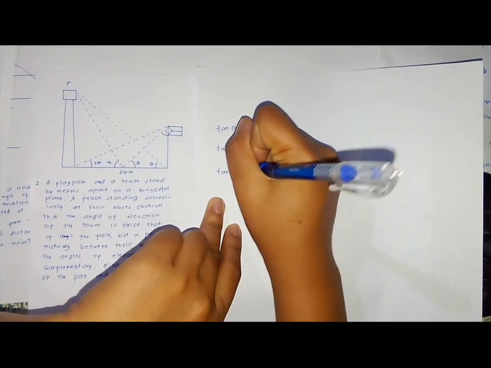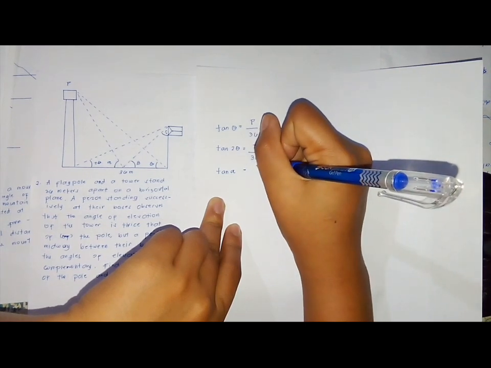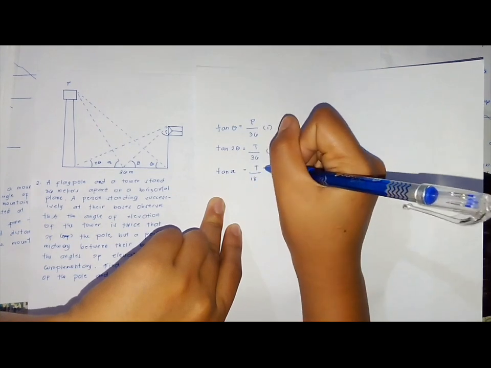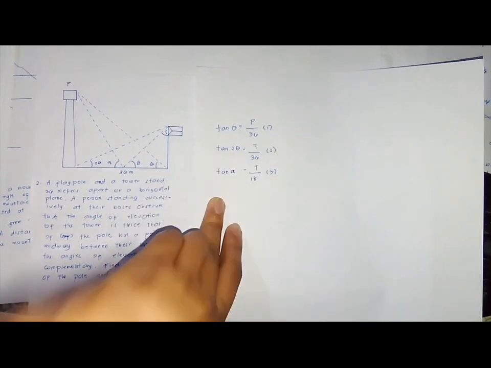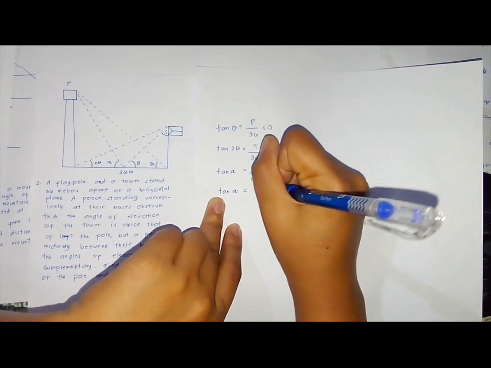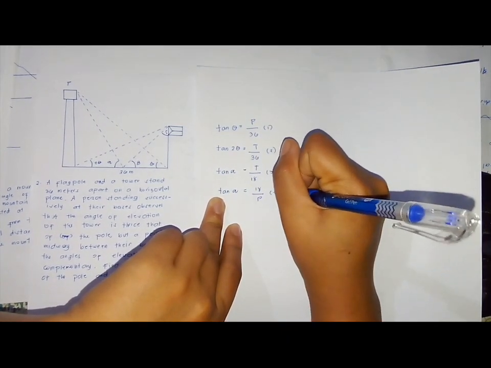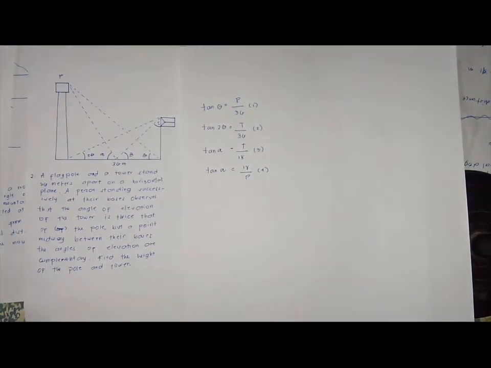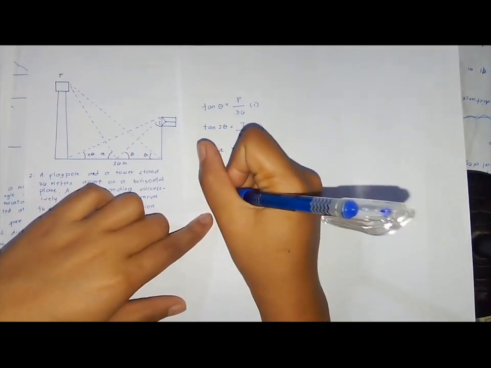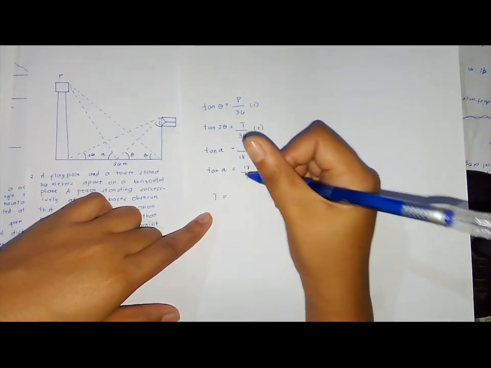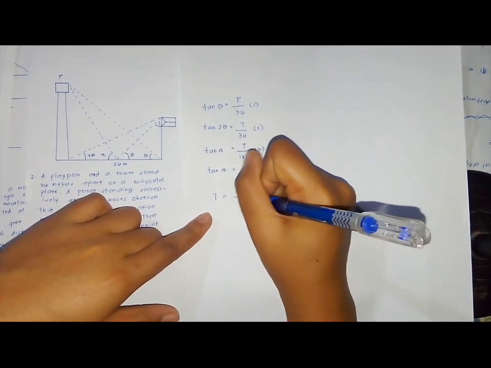Tan alpha is 18 over P. So first, we need to combine 3 and 4. So, P is equal to 18 squared over P.